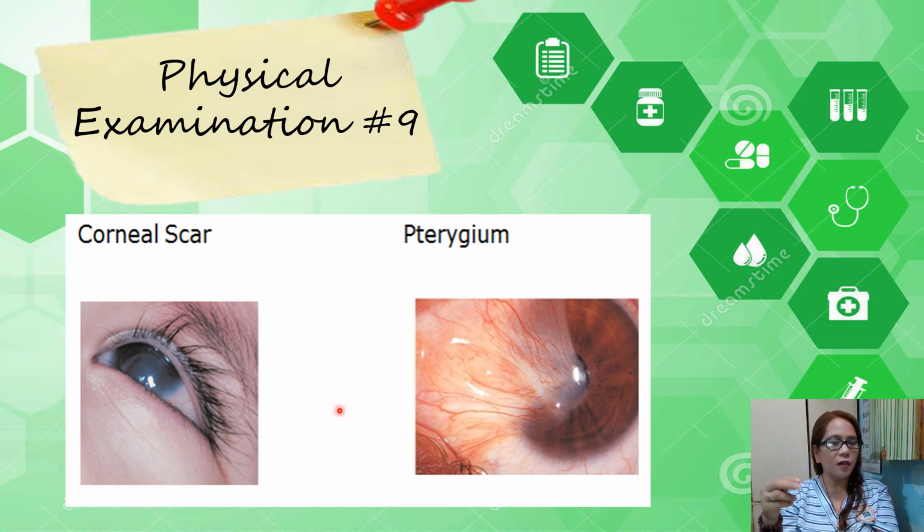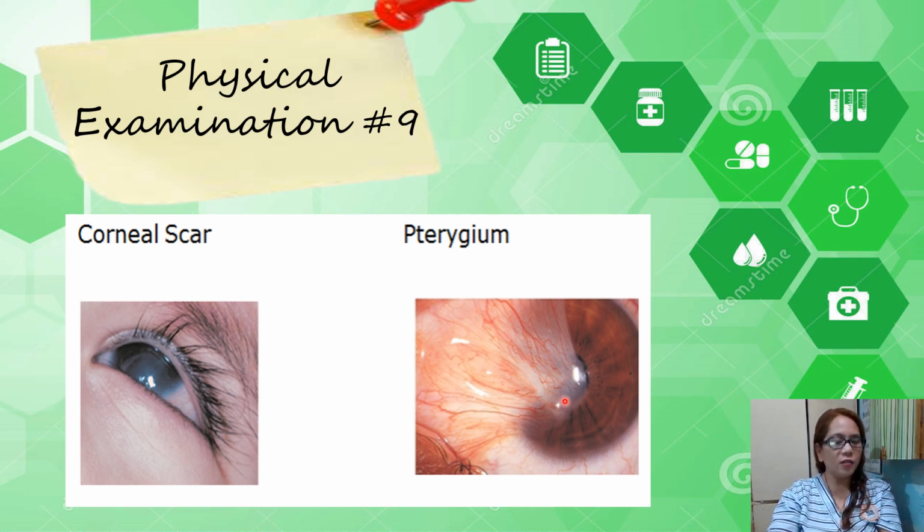That's why nagkakaroon ng corneal transplant. Iwasan natin lalo na those who are wearing contact lenses na hindi maayos yung paggamit, or sobrang nag-dry, or nakatulog na meron pa yung contact lens, or any damage or trauma to the cornea. It might lead to corneal scar.